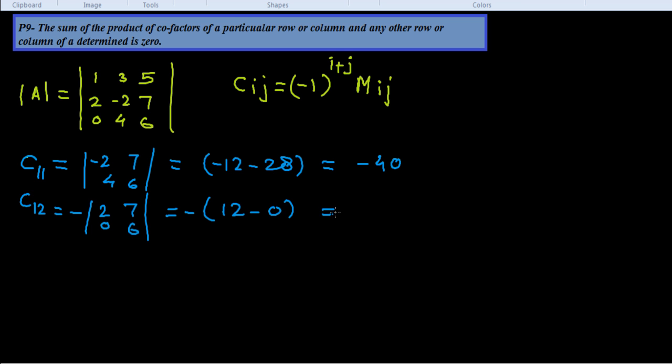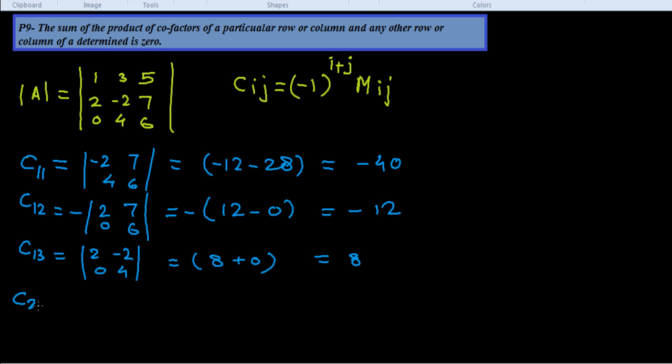It is minus 12 now. And C13, you get here positive for the sign where the sum is even. 2 minus 2, 0, 4. So you get here 8 minus 0. So it is 8 now.